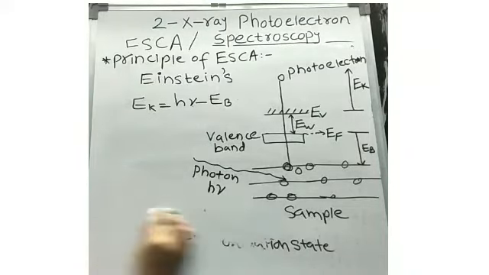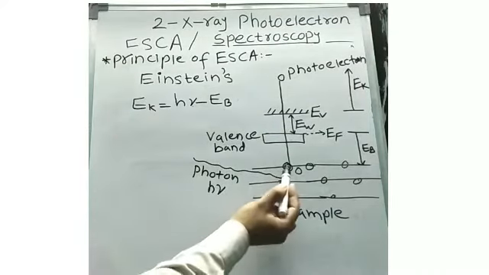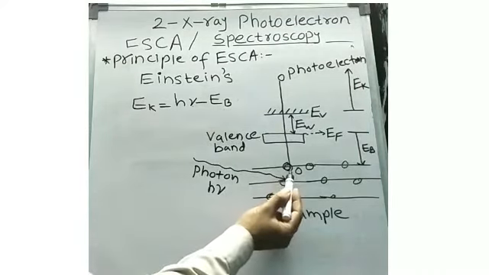Now in the figure, this is the sample. As the photon with energy h nu falls on this sample, the electron is ejected. This is the photoelectron, this is the valence band, and at this level this is the Fermi level, this is the energy of the valence band, and this space is used as a correction, EW.